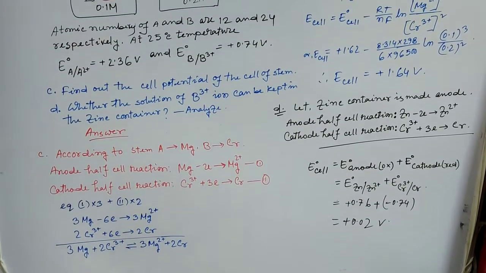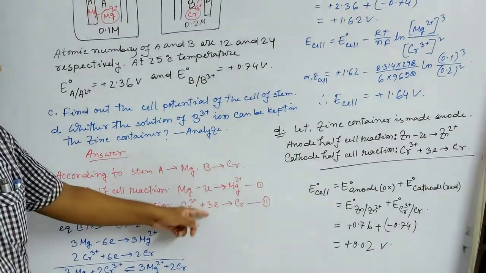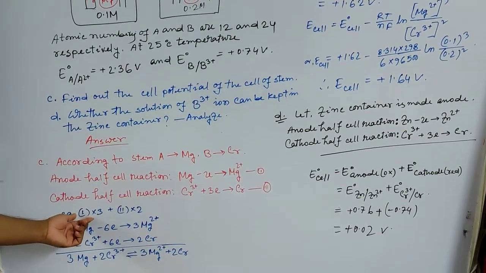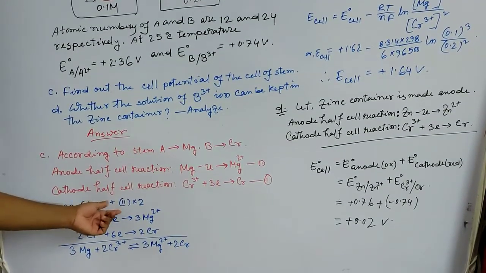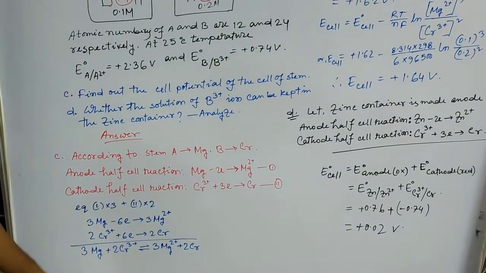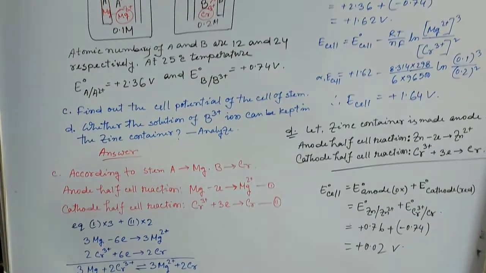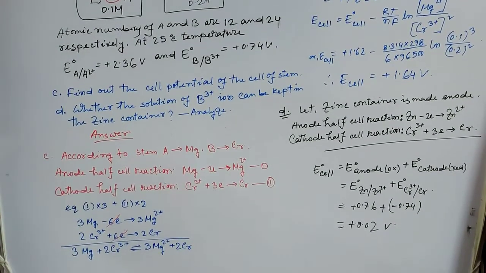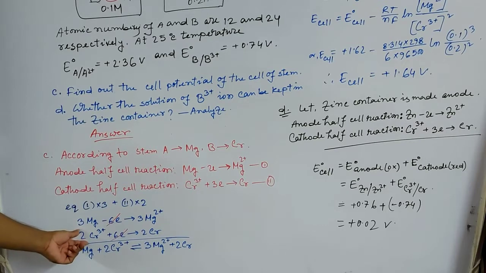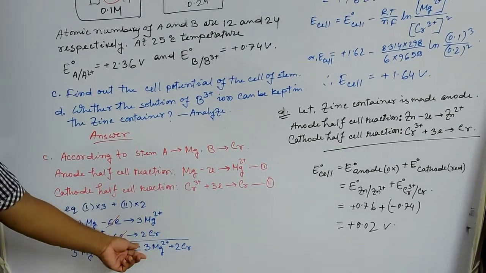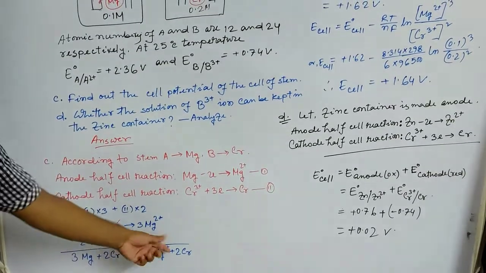To balance the electrons, I have multiplied one half reaction by 3 and the other by 2. Then the electrons minus 6 and plus 6 are crossed out. 3 magnesium plus 2 chromium 3 plus ion, reversible sign, 3 magnesium 2 plus ion plus 2 chromium.